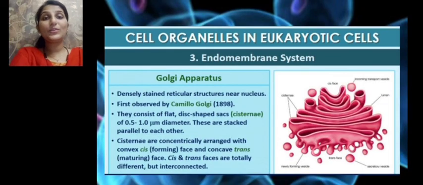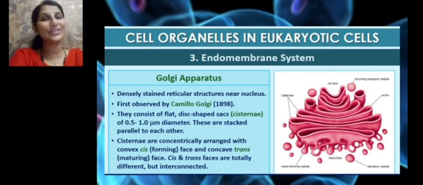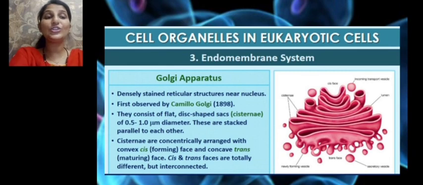Now let us learn about the second organelle which forms a part of the endomembrane system, that is the Golgi complex, or the Golgi apparatus. The Golgi apparatus or Golgi complex is a densely stained reticulate structure, which is found near the nucleus. Not only near the nucleus, it is found in close association with the endoplasmic reticulum.